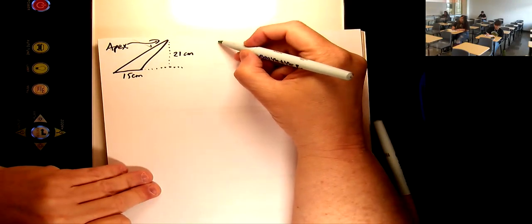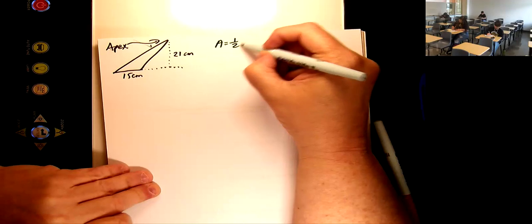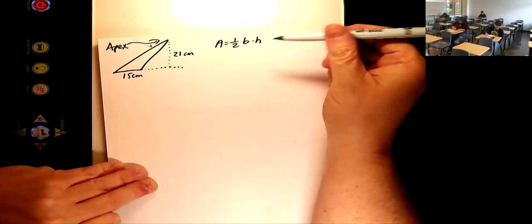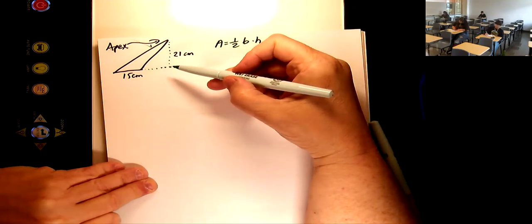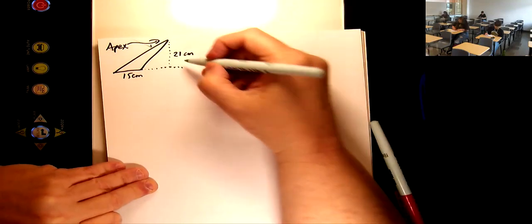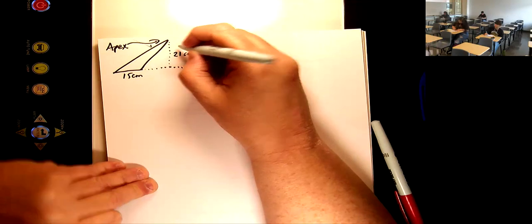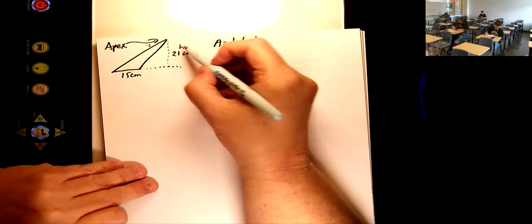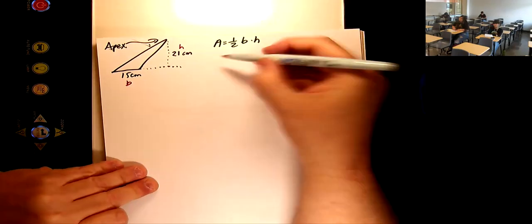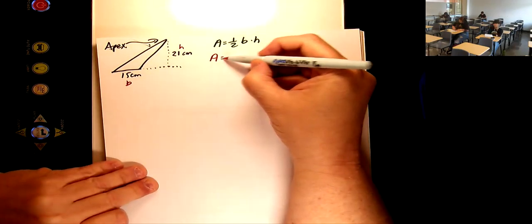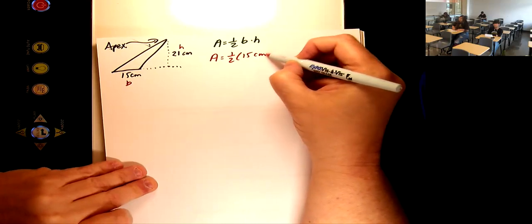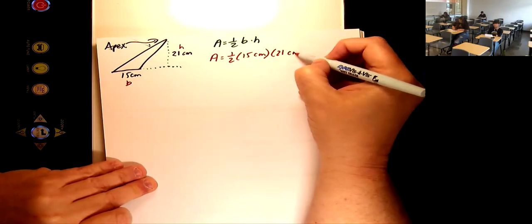Triangles, the area is 1/2 base times height. And even though the height of this triangle is not going through the center of the triangle, 21 is the height. And the base is 15. So the area of this triangle is going to be 1/2, 15 centimeters times 21 centimeters.